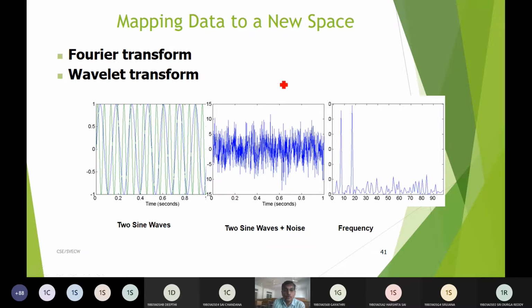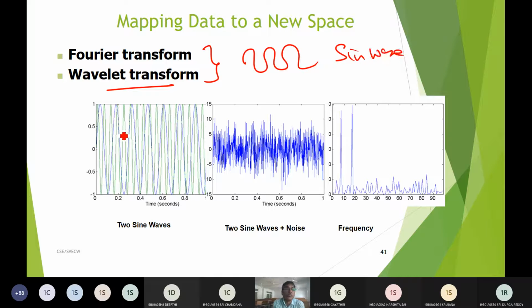So how are we going to do principal component analysis, etc.? We will start with the wavelet form. Here you can see two sine waves. They are moving between -1 and +1, with -1 as a lower bound and +1 as an upper bound.